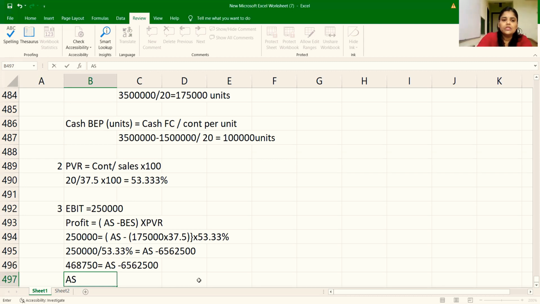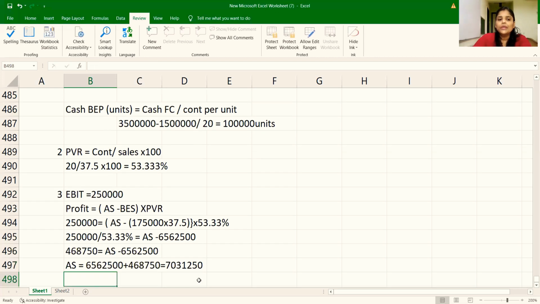So when you solve this, your actual sales is equal to 65,62,500 plus 4,68,750. So your answer is coming as 70,31,250.